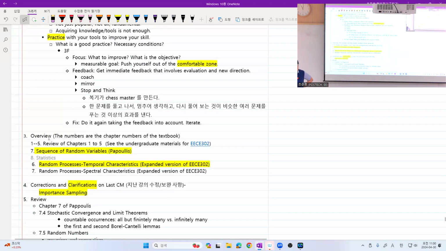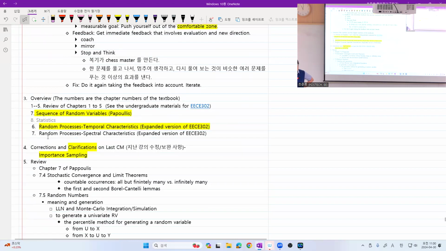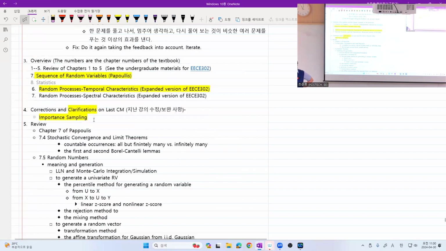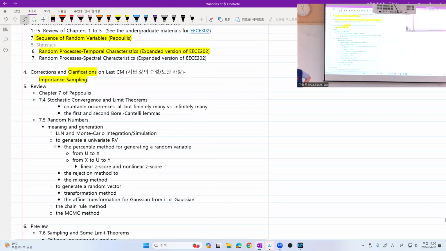Overview. We are going to finish this chapter 7, and fortunately, the random process part will not appear on this second quiz. So today, probably half of the material will be covered by quiz 2. There is a clarification, and I will talk about it while we are reviewing the last class meeting.